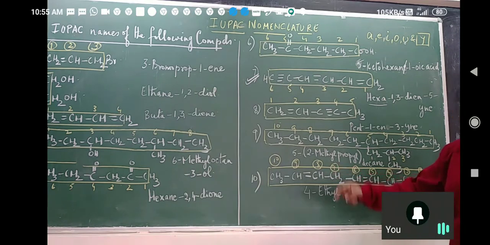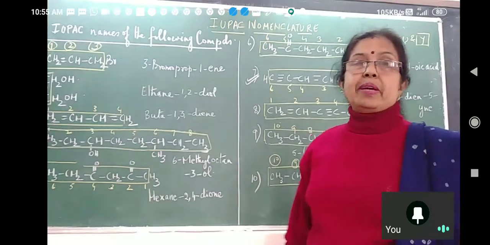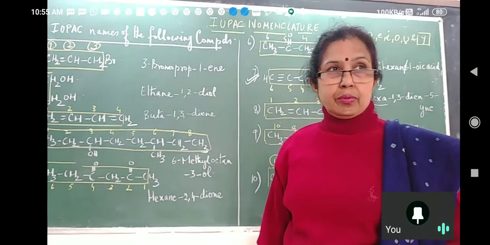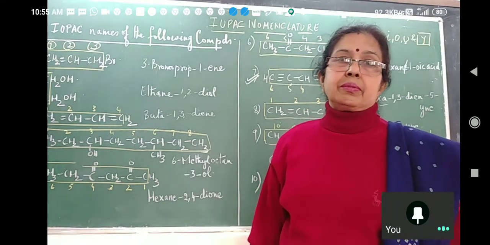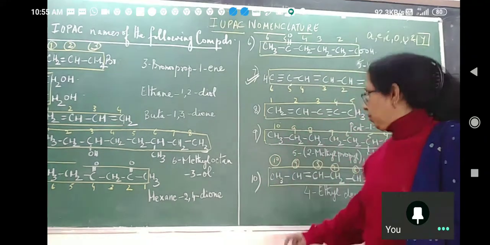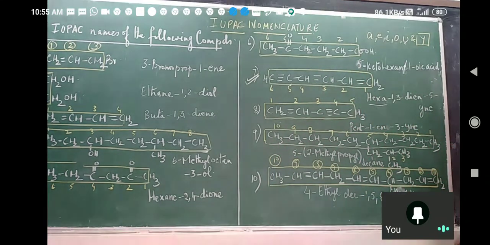Now when you are doing this numbering, it is better to do it in pencil in the beginning so that you can rub it out. Alright. So at the fourth carbon atom there is an ethyl group also. This locant is also closer on the right hand side.